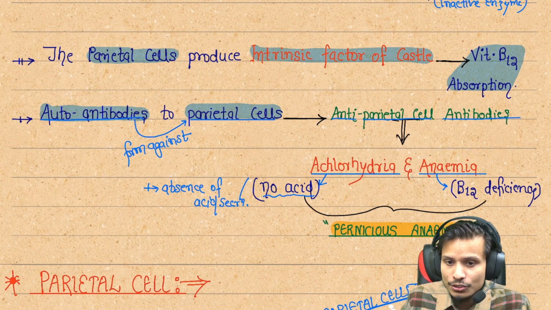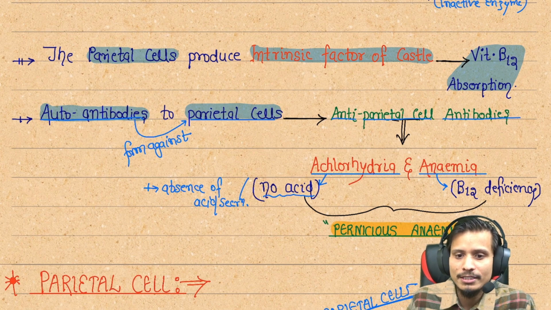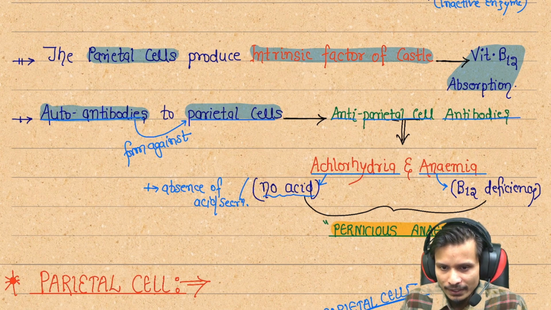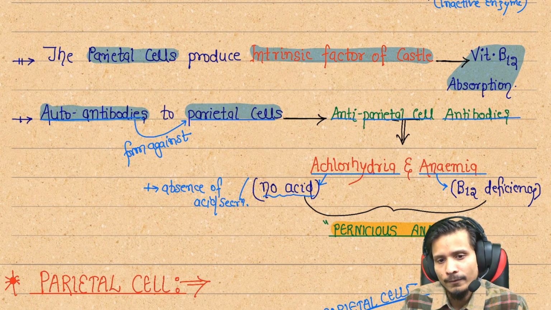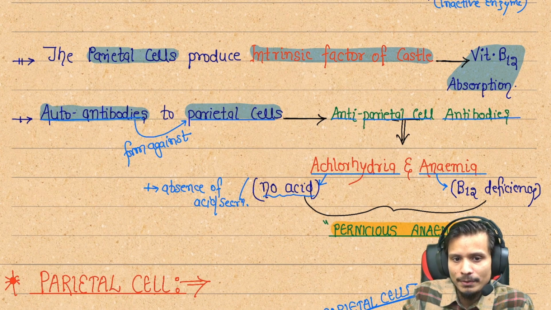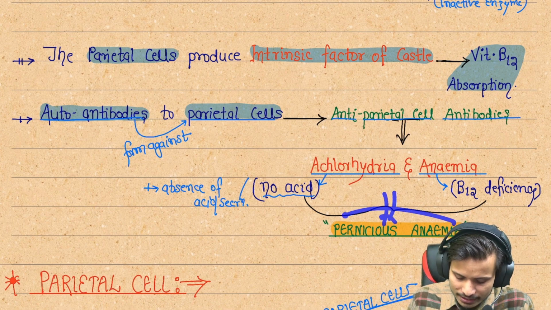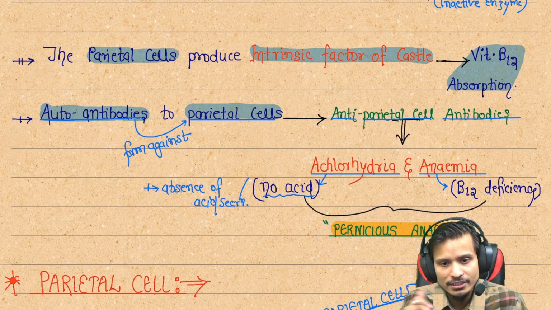It also leads to anemia, because vitamin B12 is essential for the maturation of our RBCs. So when a person develops anti-parietal cell antibodies against the parietal cells, it leads to achlorhydria and anemia, and the condition is called pernicious anemia.